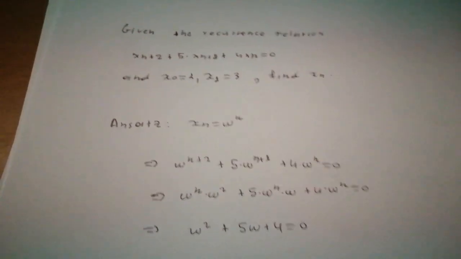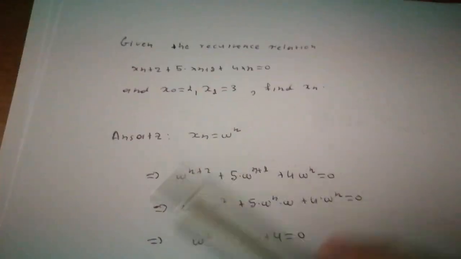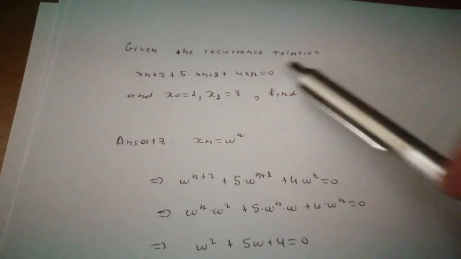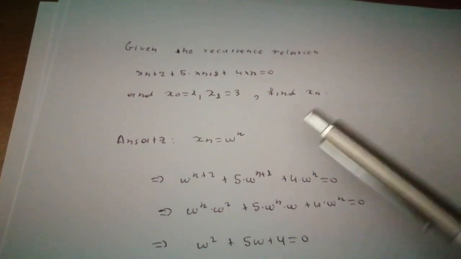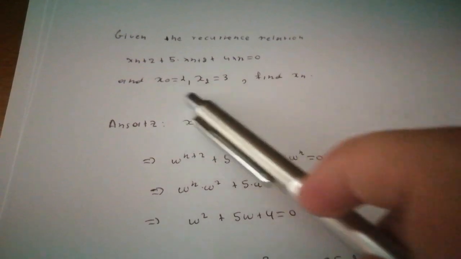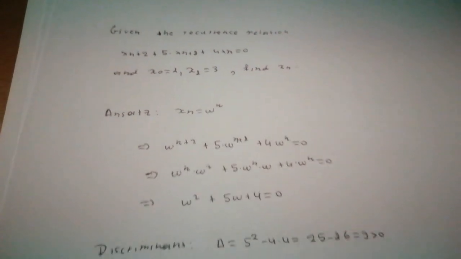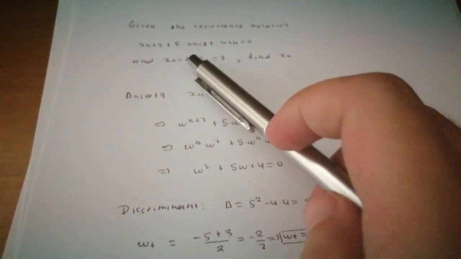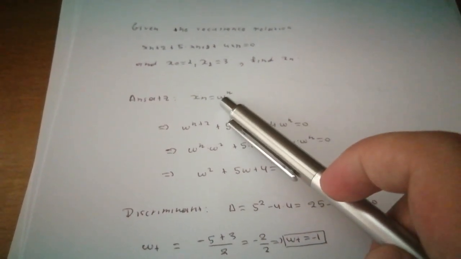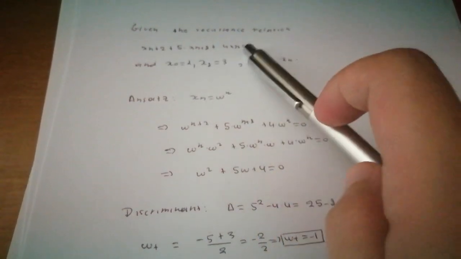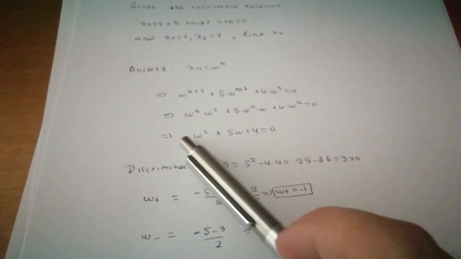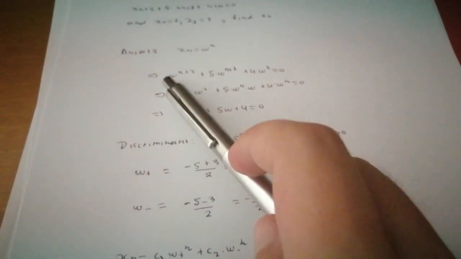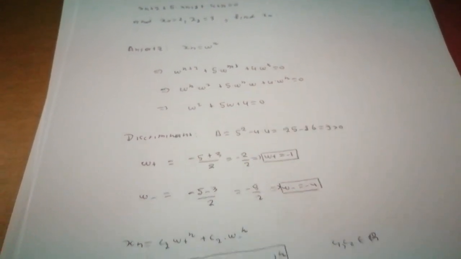Let's make a brief review of what we have done. We have this recurrence relation, and we would like to find x_n, given that we have these two conditions. We use this ansatz, we substitute, which means that we plug this expression back into the recurrence equation, and by doing some trivial computations, we obtain a quadratic equation.